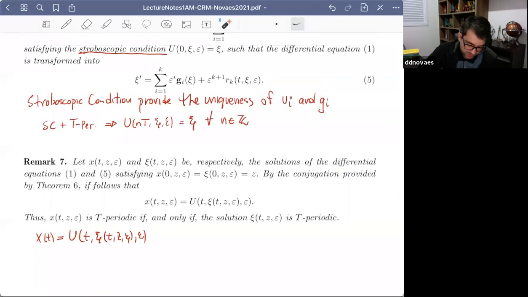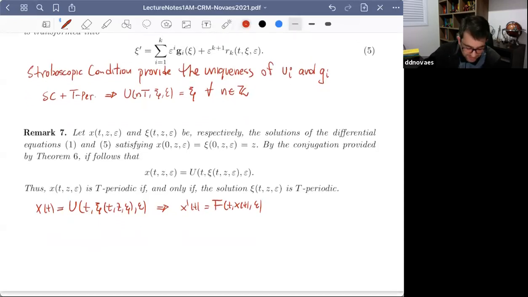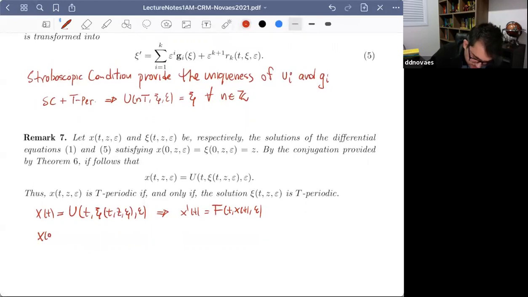So this is the solution of the transformed difference equation, and I'm applying the transformation and going back to the initial difference equation. So here we have that x prime of t is equal to epsilon f(t, x, epsilon).